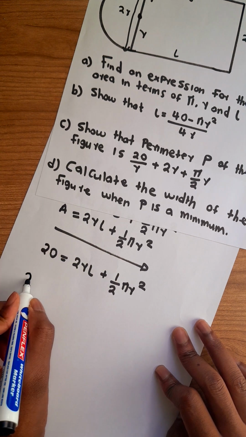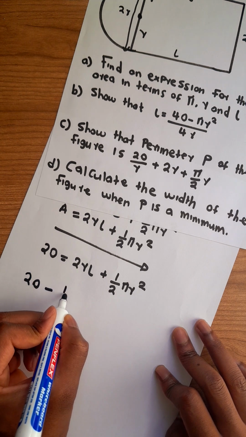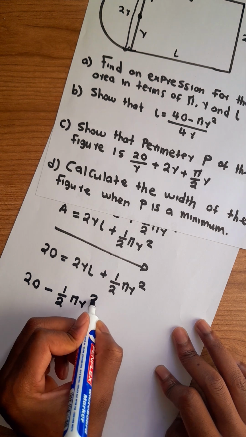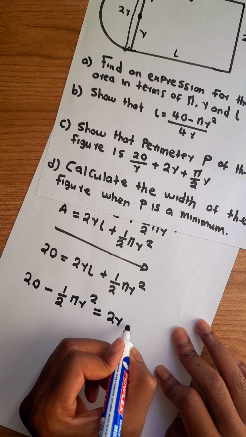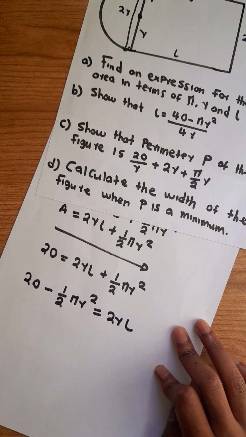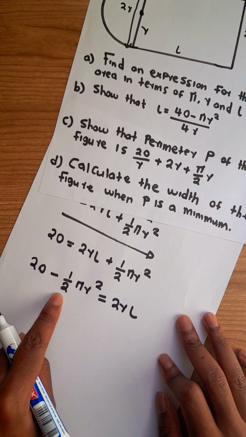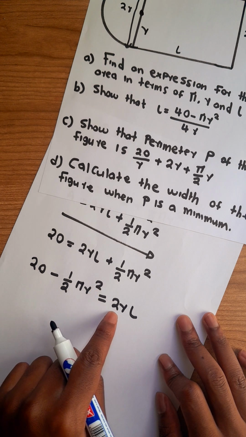So I'm going to have 20 minus 1 over 2 pi r squared, divided by 2rL. So I'm going to have 20 minus 1 over 2 pi r squared, divided by 2rL.